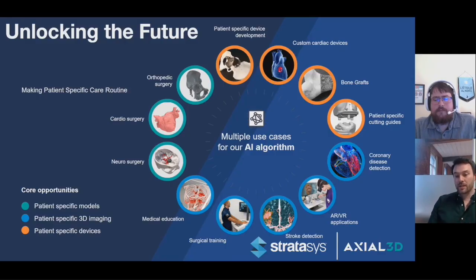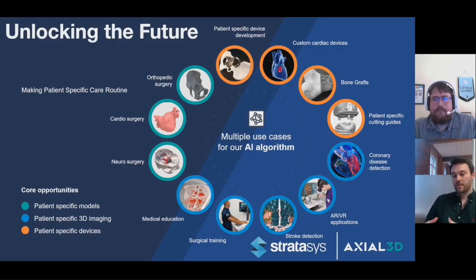What we can do as a company is start to work with these different medical device companies to implement device-specific algorithms, whether that be, say, you're a knee replacement company, we can build a specific machine learning algorithm around the knee based on a very certain scanning type to build a patient-specific workflow where images will come in, a 3D model will be created, and because of the skill sets that we have in-house at Axial3D, we can start to build different generative design technologies around that to actually build things like implants or assist in design for additive manufacturing or look at designing the automation of, let's say, 3D printed cutting guides for those specific applications.